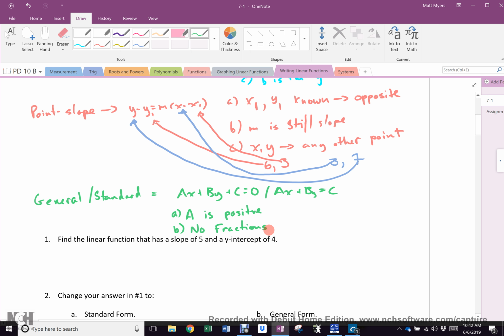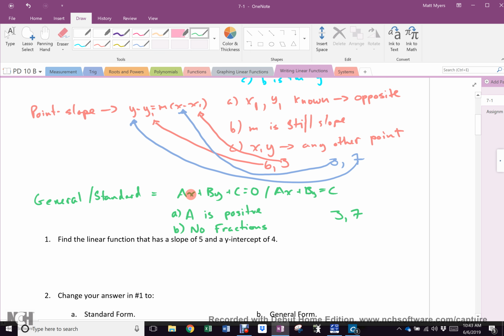Now, here's a mistake you all will make often. Where does 3, 7 go in this equation? No. Because 3, 7 are what?